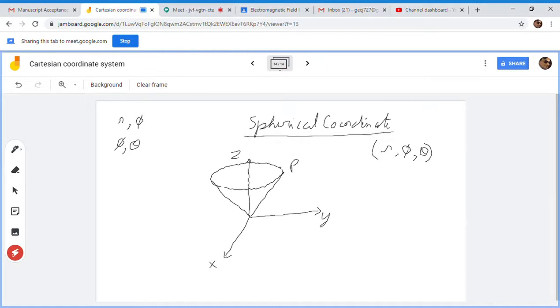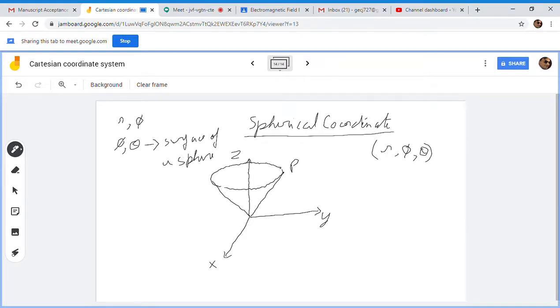You do not have to move in a radial direction, not in, not out. I will not draw that, it will be tough for me to draw. So this will be the surface of a sphere.